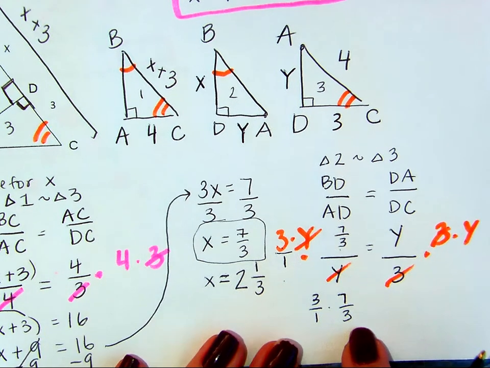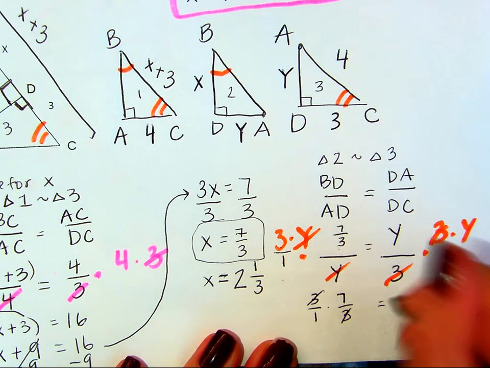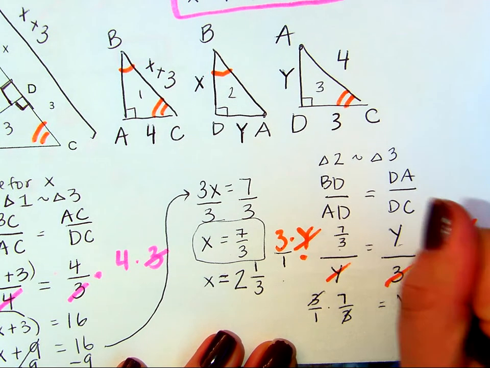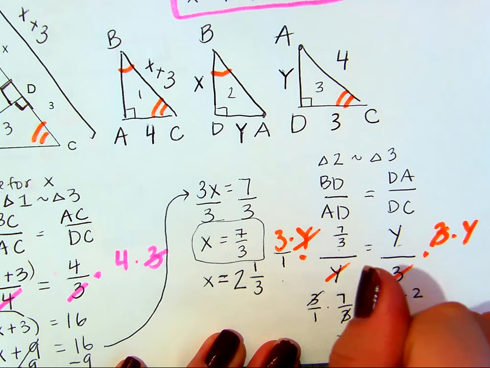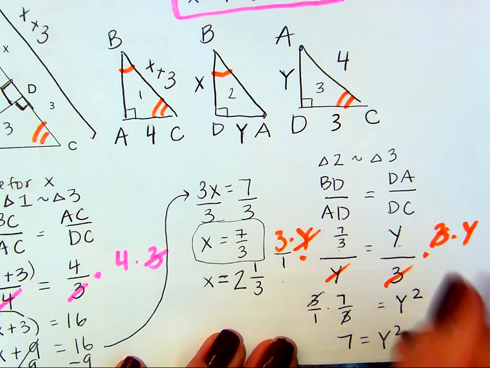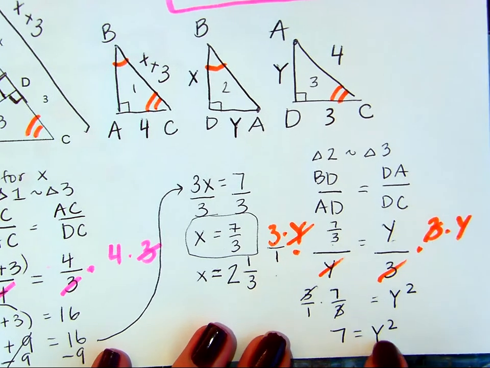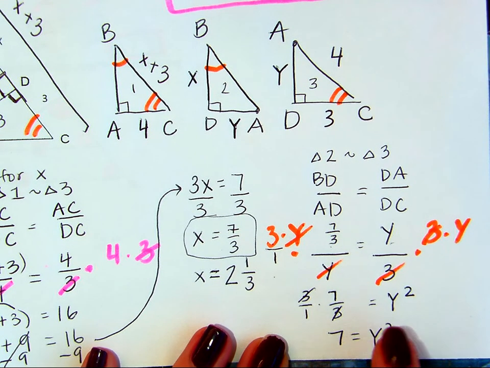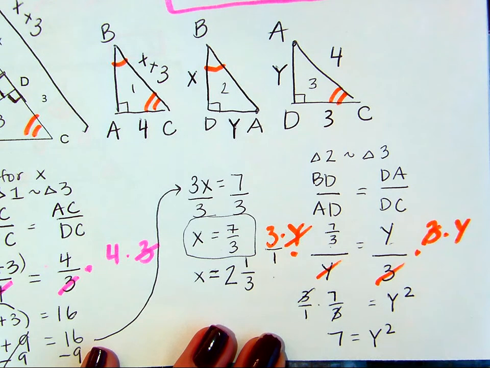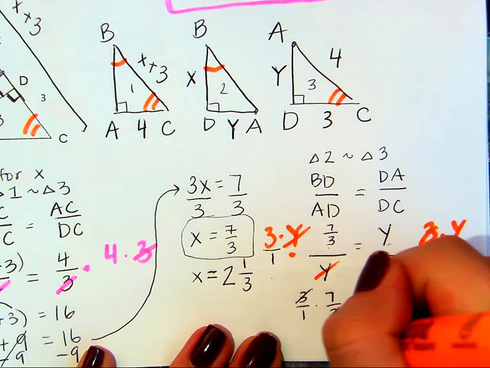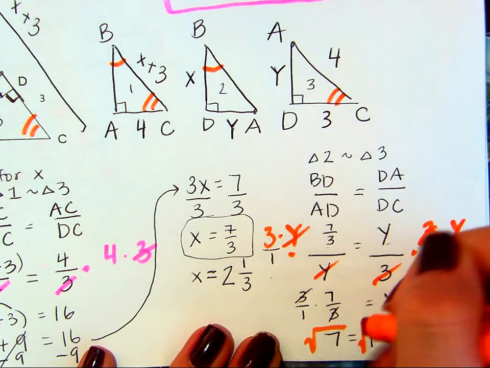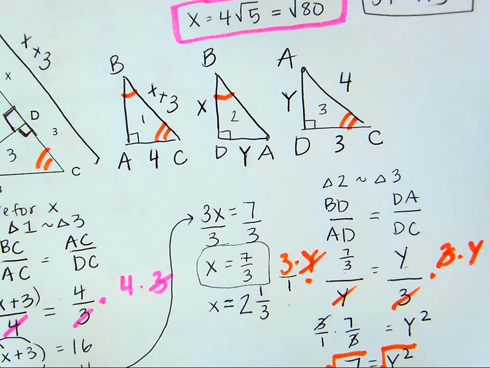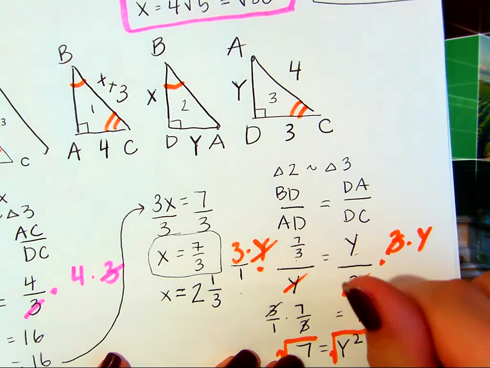That equals y times y, which is y squared. So 7 equals y squared. Do you remember what the inverse operation of a square is? It's taking a square root. So when we take the square root of both sides, y equals the square root of 7.